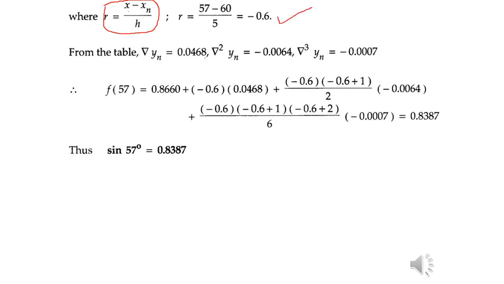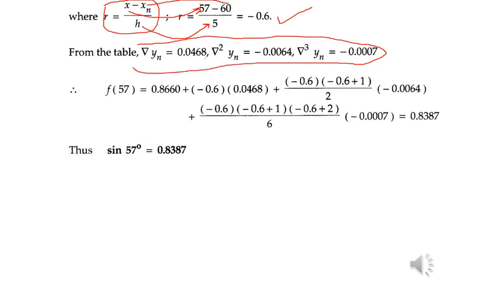In the place of x we have put 57. Value of xn will be 60 in the table, and the difference between any two consecutive values is 5. Collect the values from the table here and put them in the backward interpolation formula and simplify. You get the answer for sine 57 degree as 0.8387.